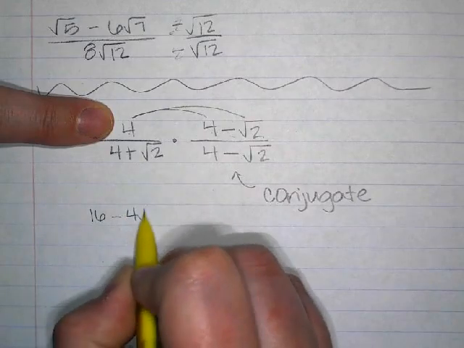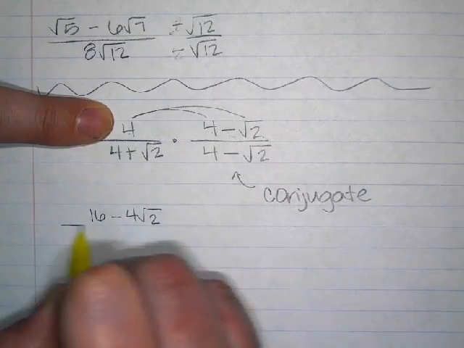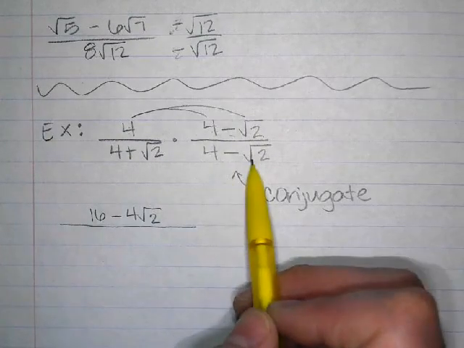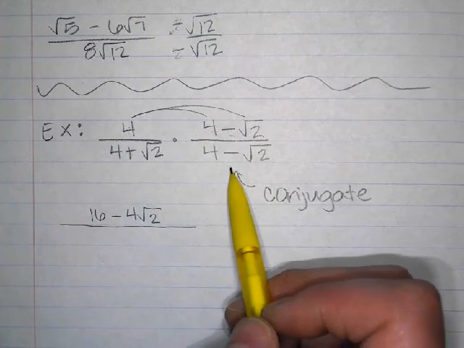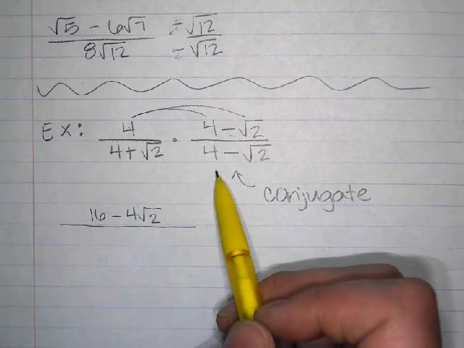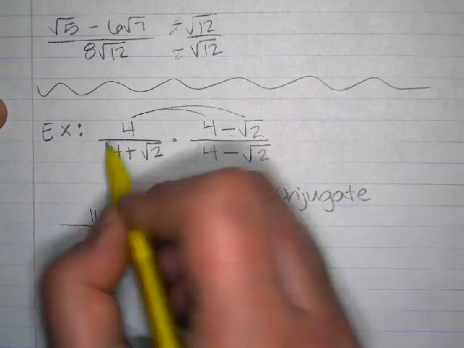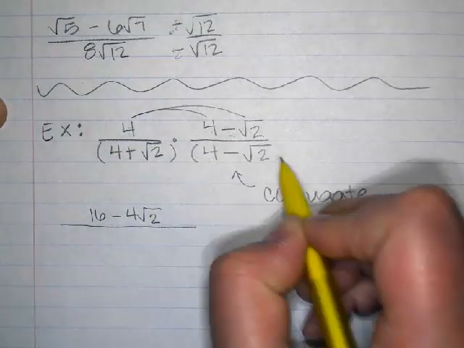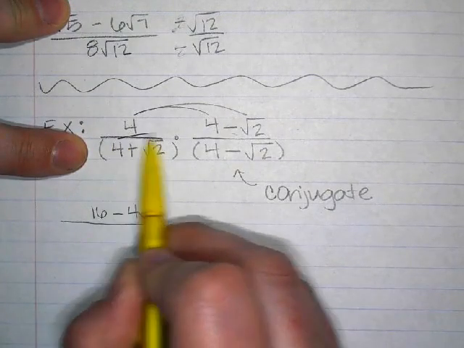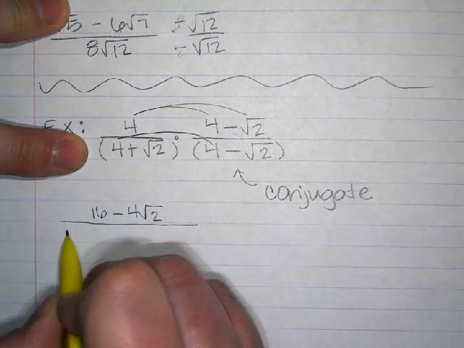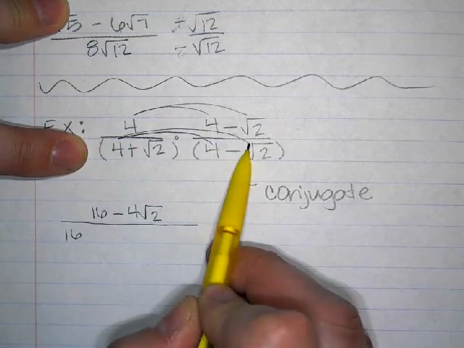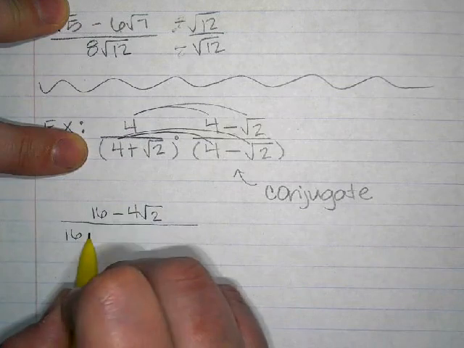Okay. And then on the bottom, if we have two terms multiplied by two terms, the correct way to multiply those out is to FOIL them, so that we multiply every single piece by all the other pieces. So I'll put these in parentheses to make sure that I am multiplying everything correctly. I'm going to do 4 multiplied by 4, and I get 16. 4 multiplied by negative root 2, and I get negative 4 root 2.